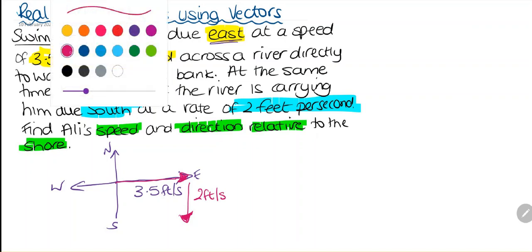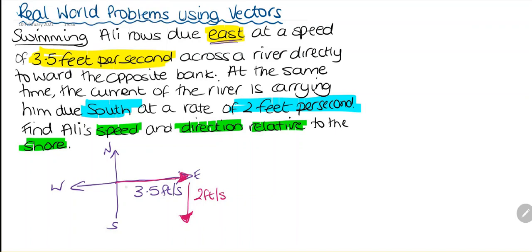So we can draw, so we're going to have, this is going to be the vector, which we're going to call G.